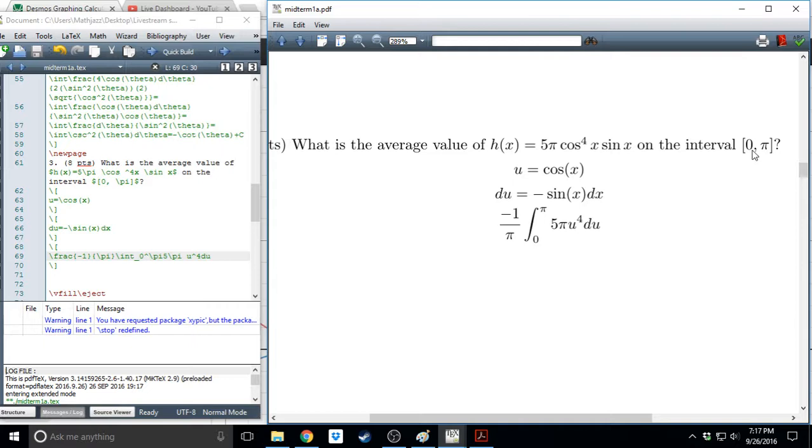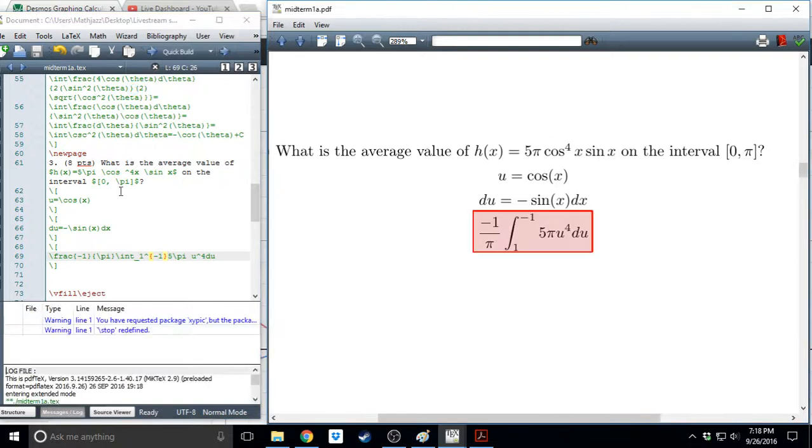Oh, but since we did a u substitution, x went from 0 to pi. U goes from cosine of 0 to cosine of pi. So let's switch those endpoints up too. Cosine of 0 is 1. Cosine of pi is negative 1. Okay, so this is the correct integral.